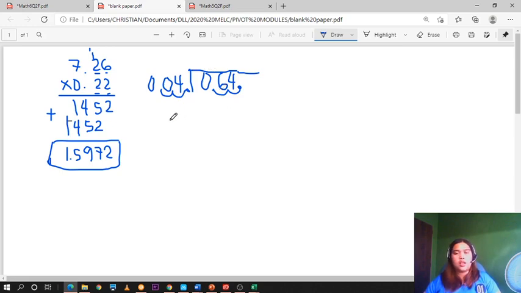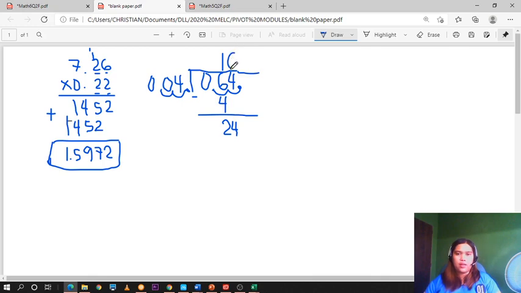So, proceed na tayo sa division. So, ang 6 divided by 4 is 1. Isa lang naman ang 4 na mabubuo natin sa 6. And 1 times 4 is 4. Okay? So, ito yung subtraction na. 6 minus 4 is 2. Then, we will bring down 4. Then, 24 divided by 4 is, ano po?